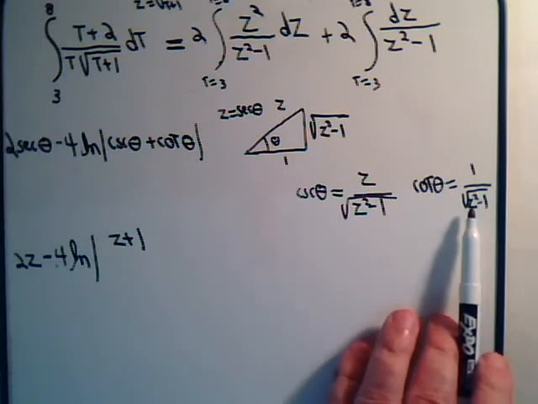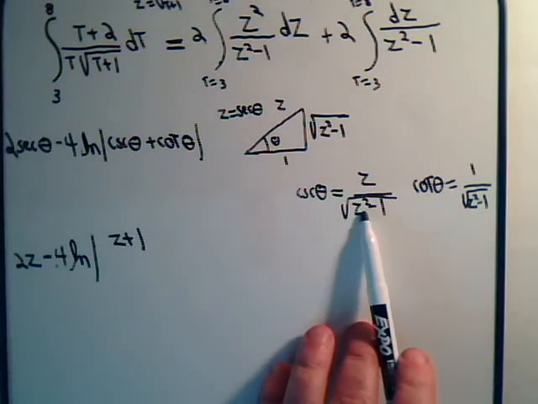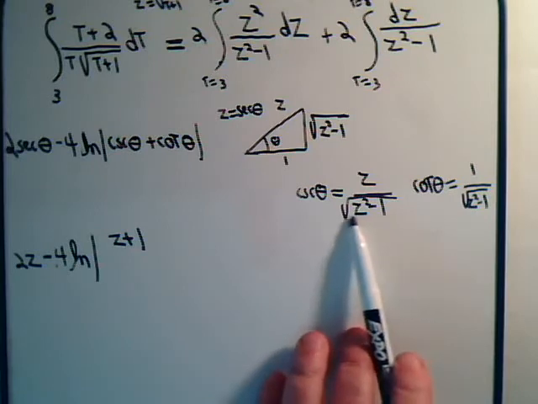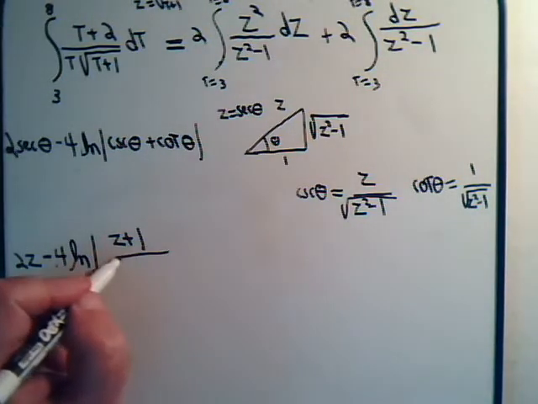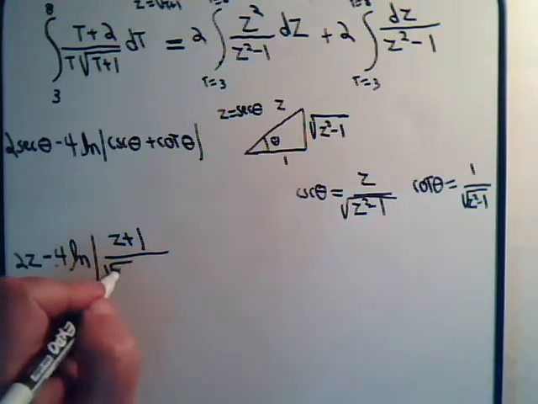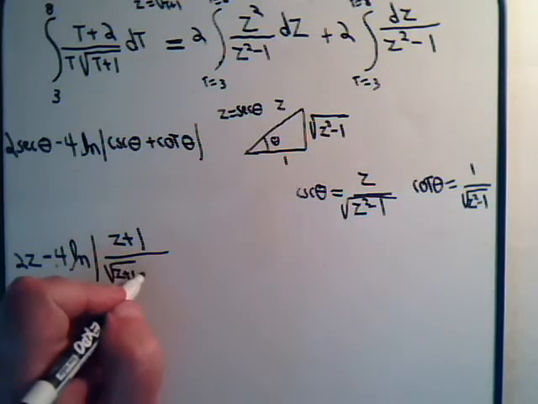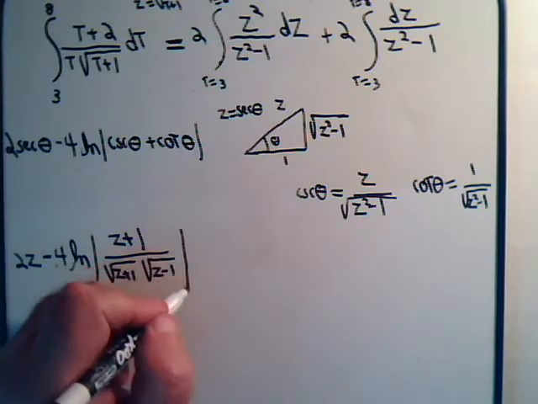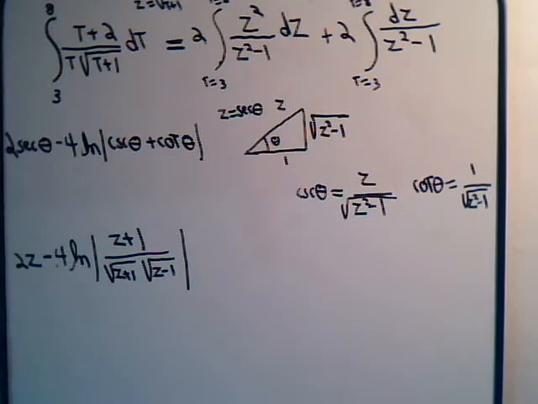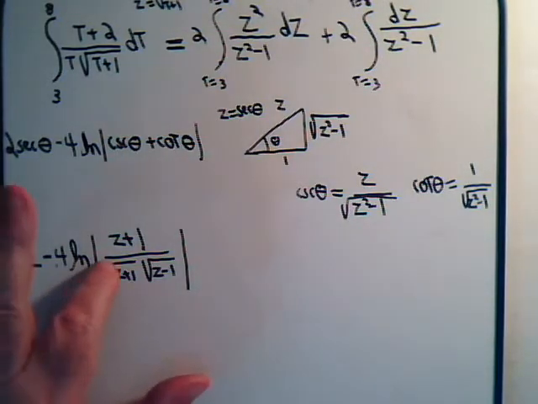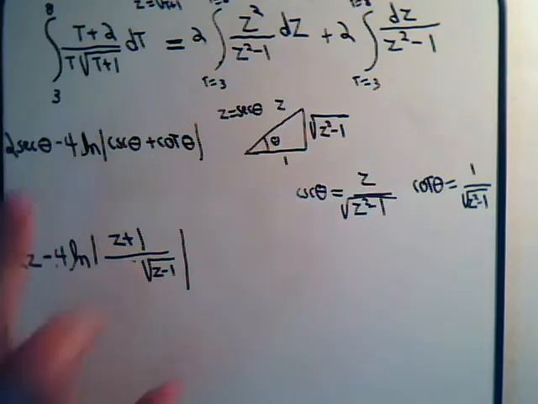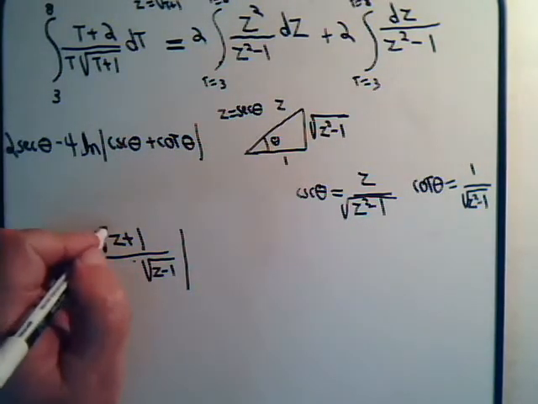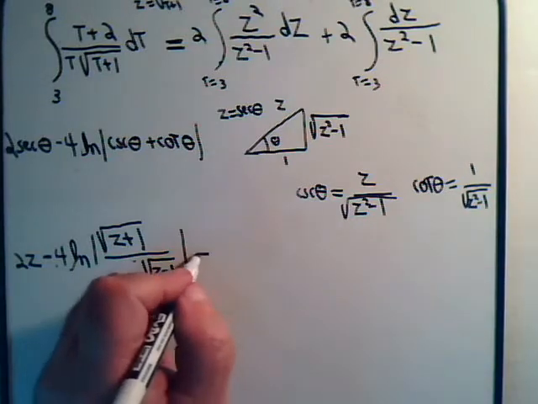And this common denominator, the square root of z squared minus 1, this is the difference of two squares. So let's write it like this. Square root of z plus 1 times the square root of z minus 1. And z plus 1 divided by the square root of z plus 1, that's just going to give us a square root sign in the numerator. Or we can rewrite it like this.